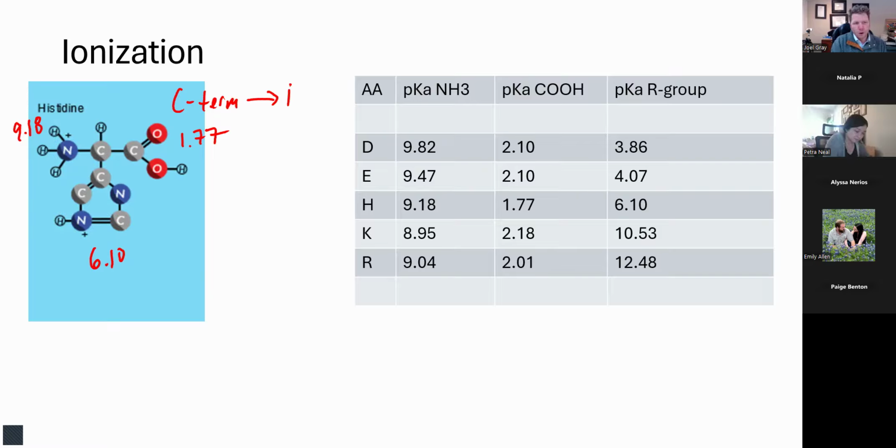Then I'm going to deprotonate the R group. Then I'm going to deprotonate the N termini. So I'm doing it in that sequence. I want you to think about that because that's going to have an impact on, at a given pH, is the side chain charged? Is it neutral? What is it?